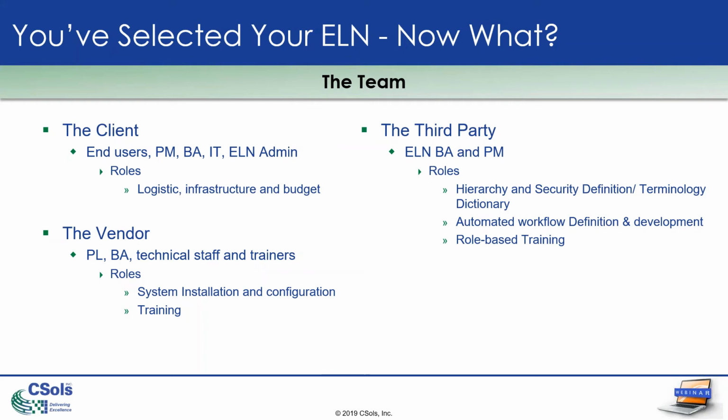For the client, the focus is on the logistic infrastructure and the budget, and they might use either their personal staff or maybe hire a third-party consultant. For the vendor, the focus is on the management of the system, especially for ELN. Of the ELN implementations I've seen so far, I would say about 95% are done by the vendor. So they're responsible for, as I mentioned, installation, configuration, validation, and training.